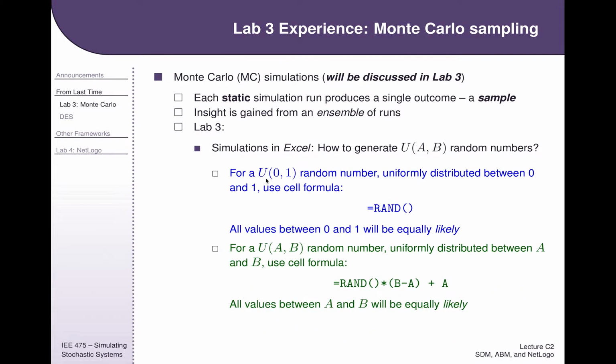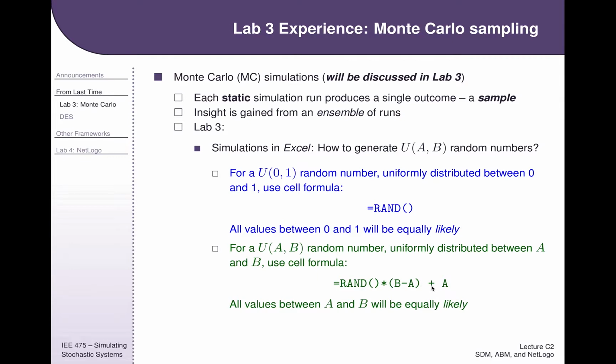If you wanted to draw a random number between 0 and 1, then you just use RAND. So equals in the cell, RAND, open parentheses, close parentheses, and that will give you a single realization of a random number between 0 and 1. If you then wanted to generate a random variate that is uniformly distributed between A and B, you can use that with a little bit of scaling. So we say, well, how long is the interval? You just take B minus A, that gives you the length.